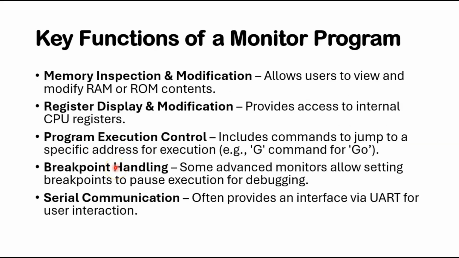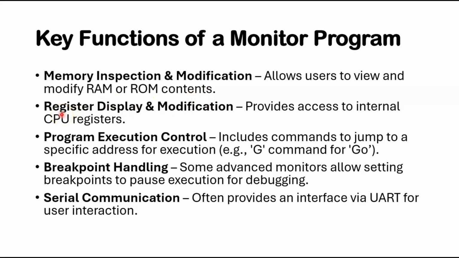Now, some key functions of a monitor program are memory inspection and modification. What that means is that this function allows the user to view and modify RAM or ROM contents.